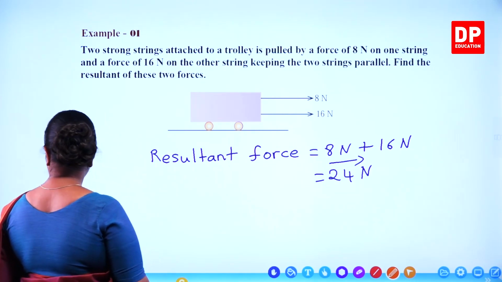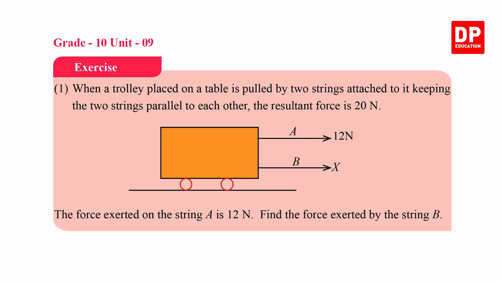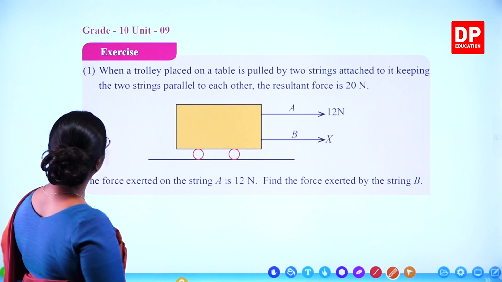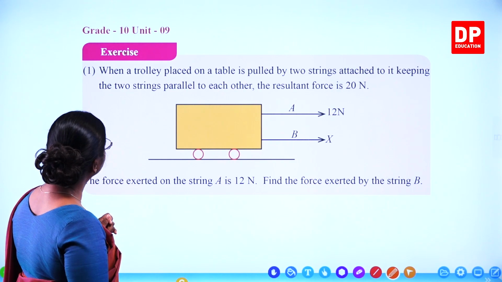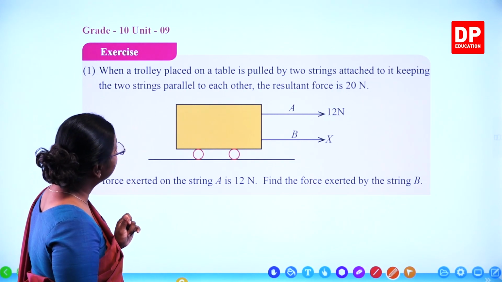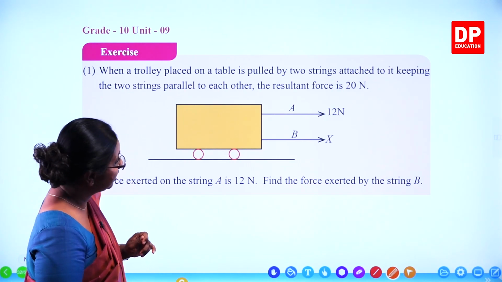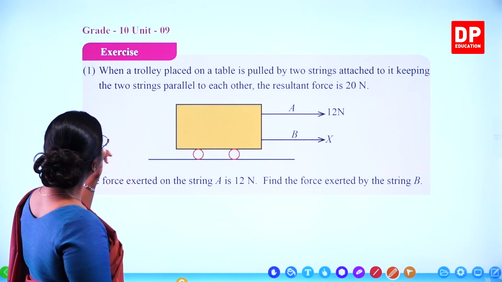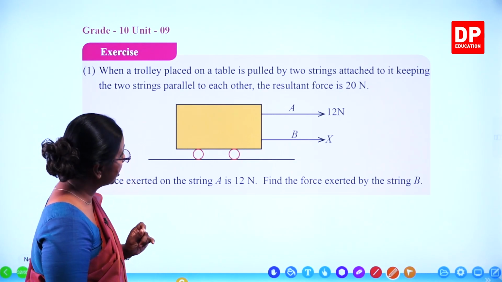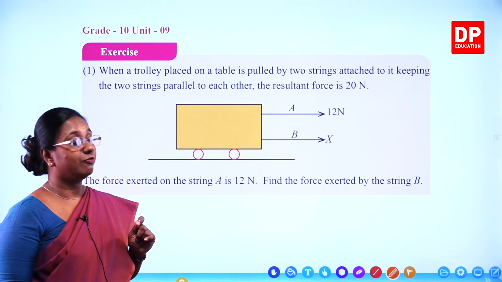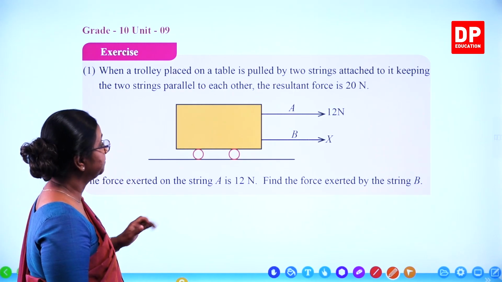With that, I will move on to the next slide where we have the exercise. So, here you can see the first question. When a trolley placed on a table is pulled by two strings attached to it, keeping the two strings parallel to each other, the resultant force is 20 Newton.